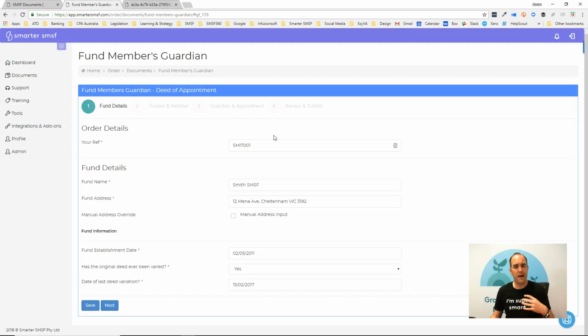So let's now move back to the form and go through what the inputs are in respect to creating this legal document, but more importantly, what the outputted document and resolutions then ultimately look like. So we've got our Smith Family Super Fund here, so Smith SMSF. We've got our fund establishment date here, and then we are obviously looking here at whether the deed may have been amended at some point in time.